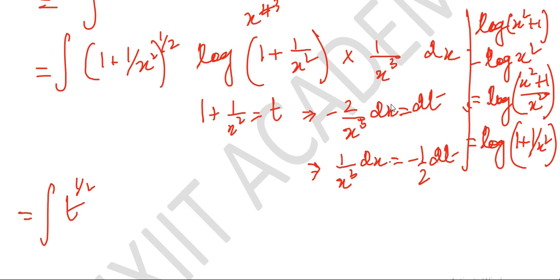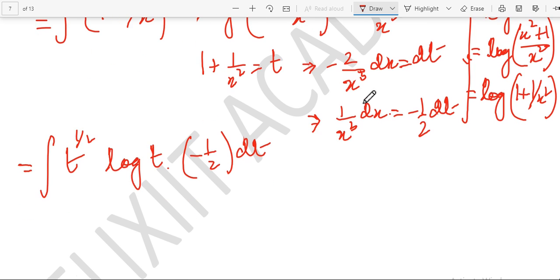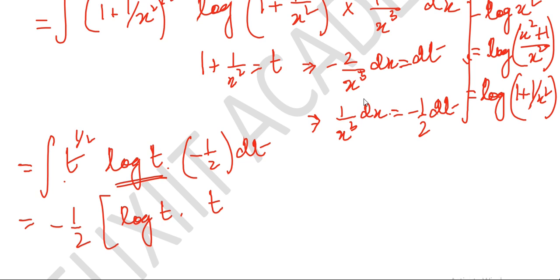Now again log of t multiplied by, now we have 1 by x cube dx is minus half dt, so this is minus half log of t multiplied by t to the power half. Now see, we are going to evaluate this using integration by parts. Take I late, so log is the first function and the algebraic function will come after that.